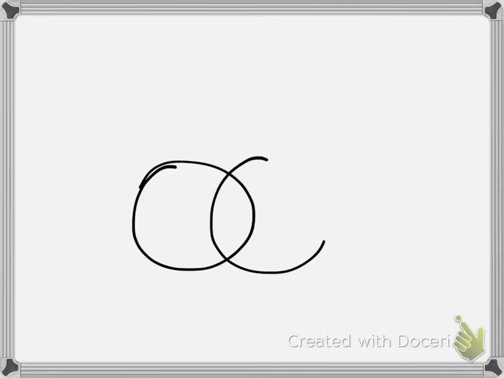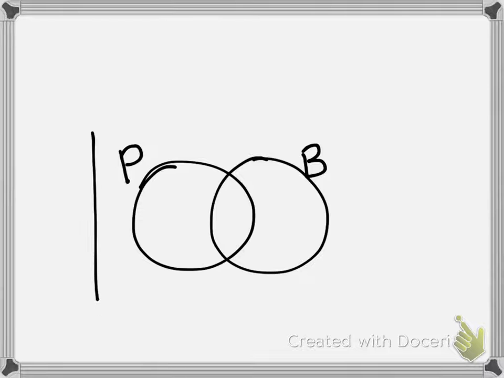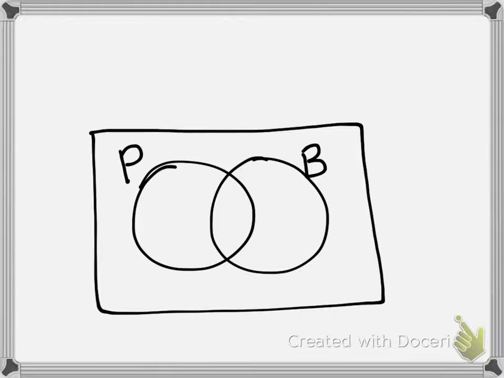Now there are some cases where you're going to be asked to create it. So here's a Venn diagram for you. We asked the same question, purple or blue. And now I'm going to give you some information. So we asked 17 people.